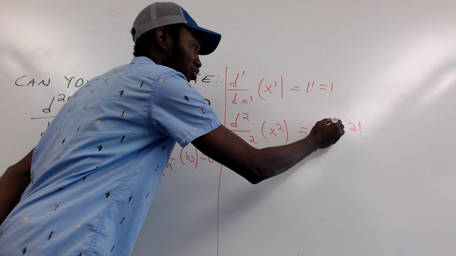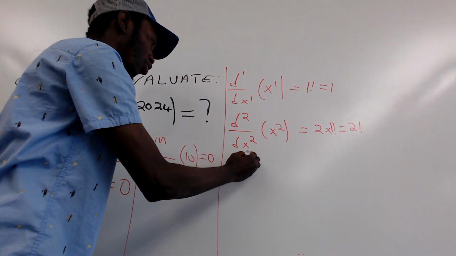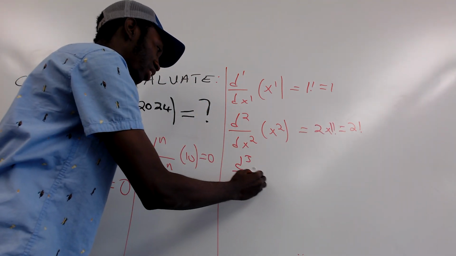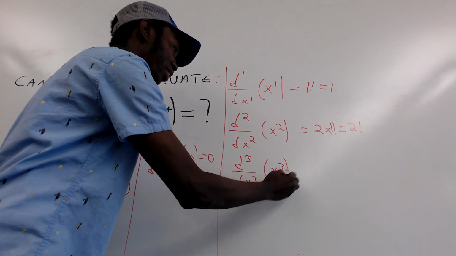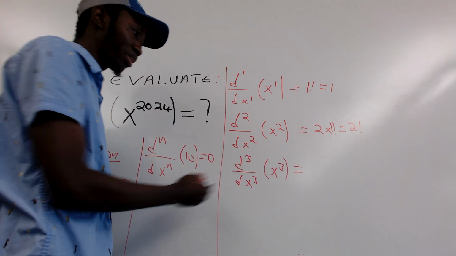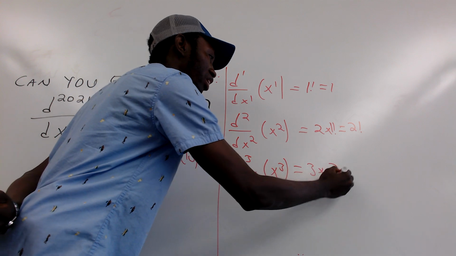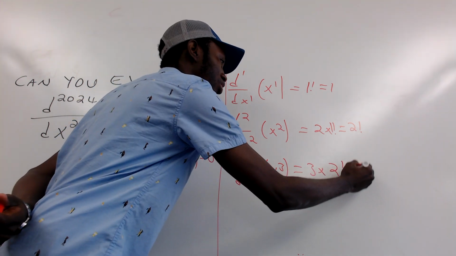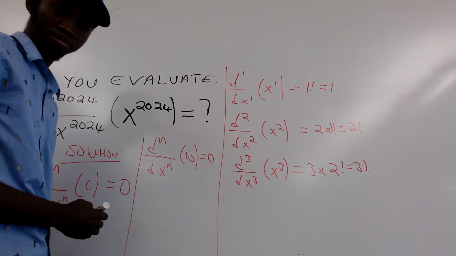Similarly, d^3/dx^3 of x^3 is 3 times the previous value, 2 factorial, which gives us 3 factorial.